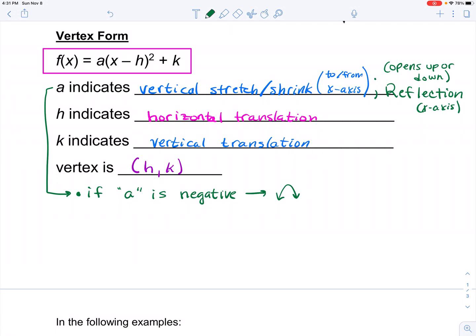It opens down. Then we have if the absolute value of a is greater than 1, it's going to be a very narrow parabola like this, the bigger the number.